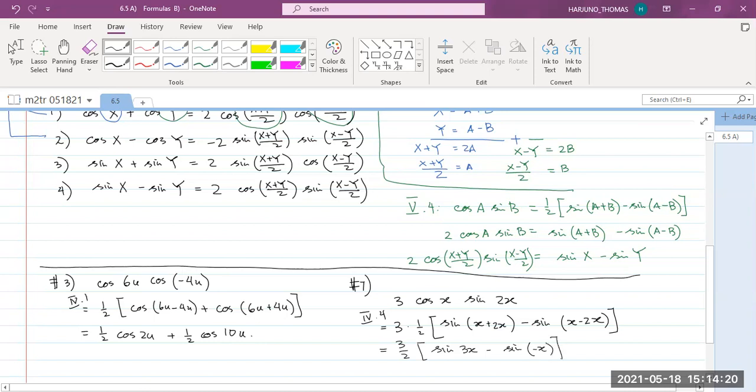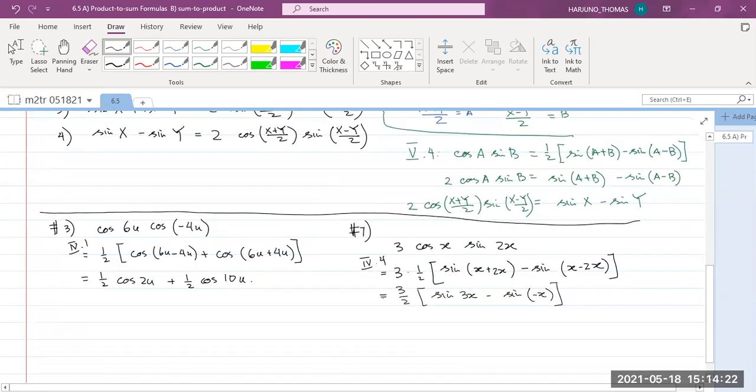Oh, but sine negative x is negative sine x, right? So this is 3/2 sine 3x. Negative becomes plus, and I distribute that 3/2. Okay, that's for number 7.